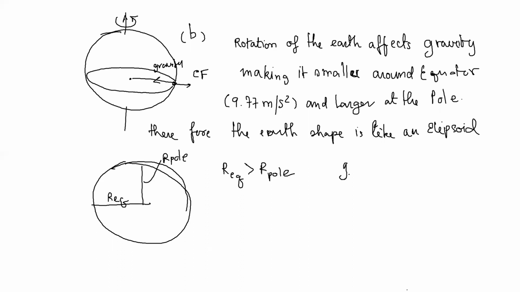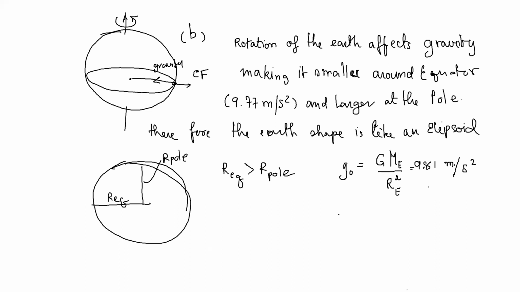Okay, g0, according to Newton's law, is G times the mass of the Earth over the radius of the Earth squared, and it is 9.81 meters per second squared, without considering the rotation of the Earth.